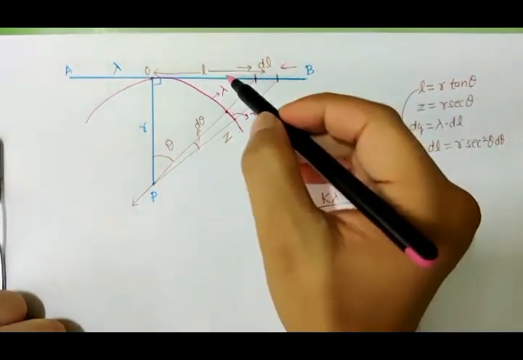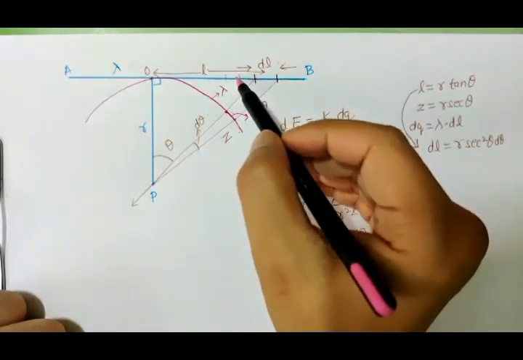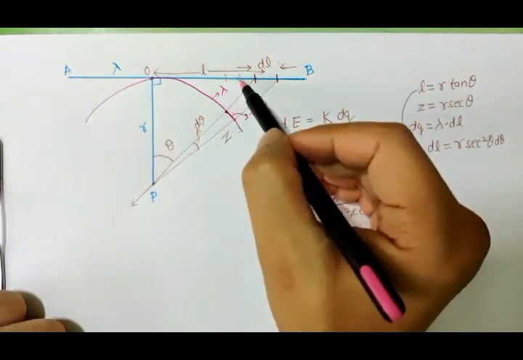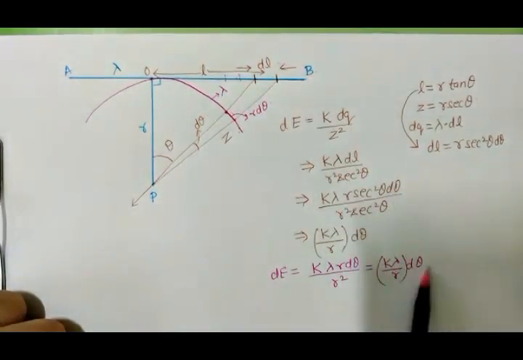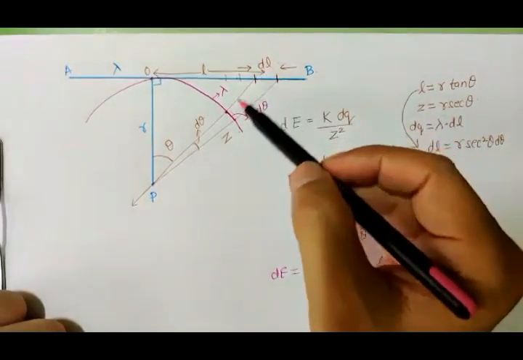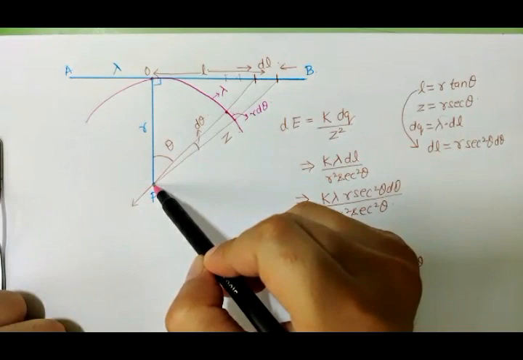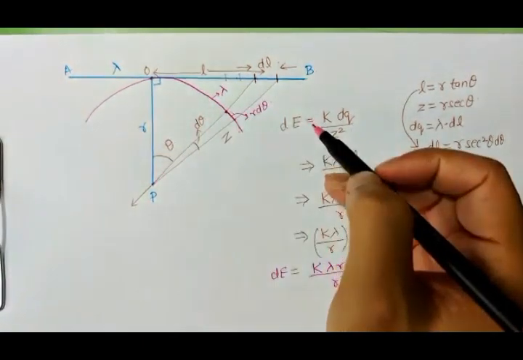Let me repeat it. For each section of the straight wire there will be a corresponding and unique small section on this circular wire. And since this is a generalized result, this pair will make equal amount of electric field. Their direction will also be equal.